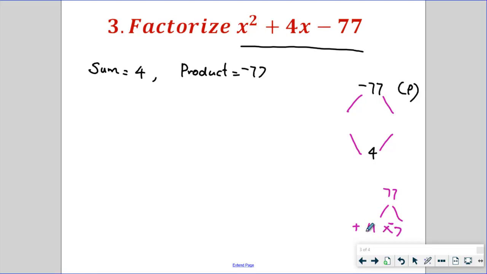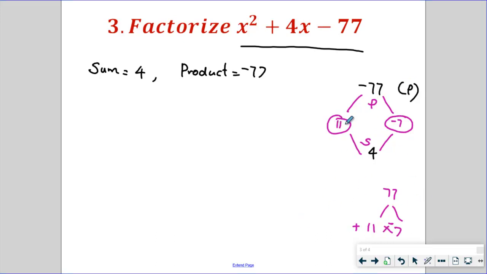If you multiply plus 11 into minus 7, that is minus 77. If you add 11 and minus 7, that is 4. So here the numbers are 11 and minus 7.